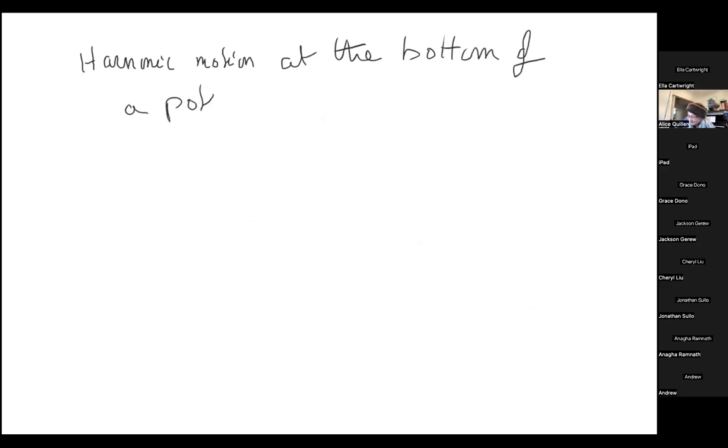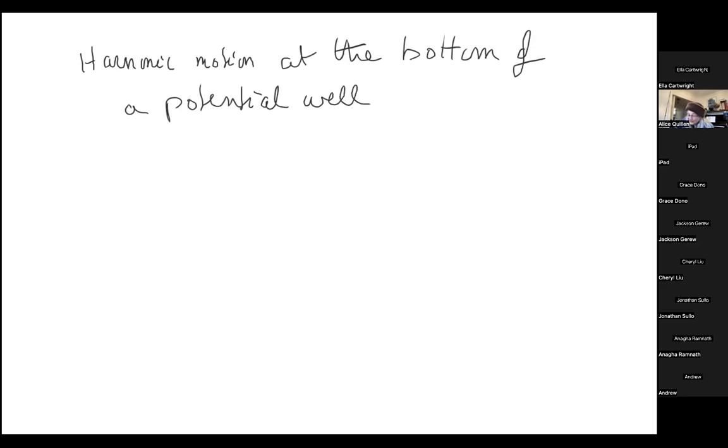So another way to say that is, I'm kind of going to give you the answer: harmonic motion at the bottom of a potential well. This is more like what a physicist would call this.